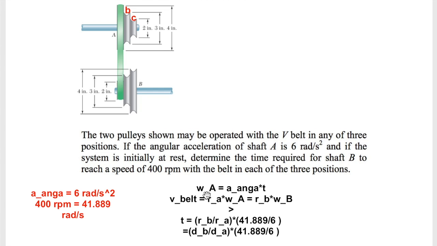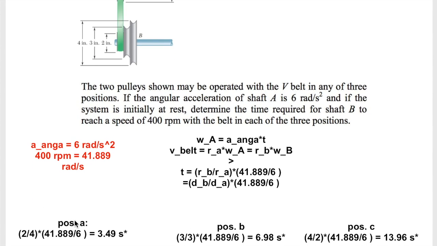We plug in what we found earlier for angular velocity of A and solve that for T, and we get the radius of B over radius of A times 41.889 divided by 6. Then we can translate that to the diameter of B over the diameter of A. Since they're over each other, it's just a ratio, so it's fine to put it in like that.